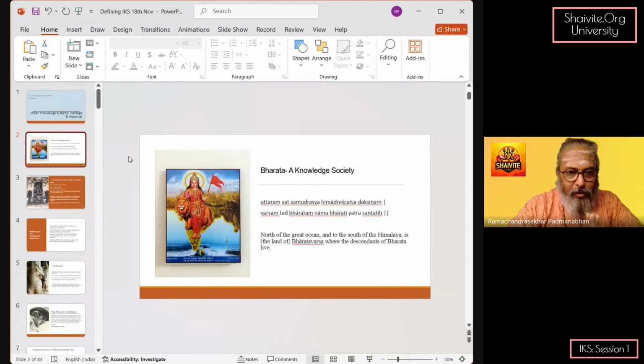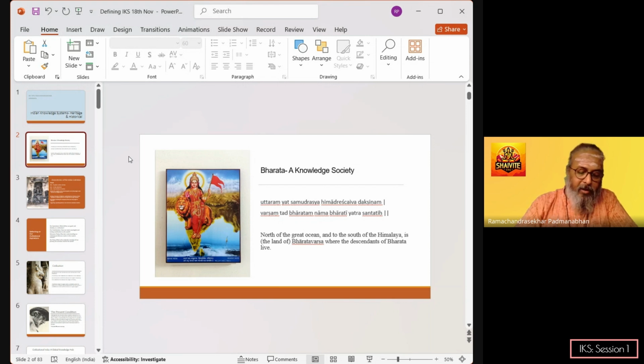So coming directly to the subject matter, when we understand the term Bharata, the term itself has a very clear-cut connotation towards Indians or India being a knowledge-centric society.